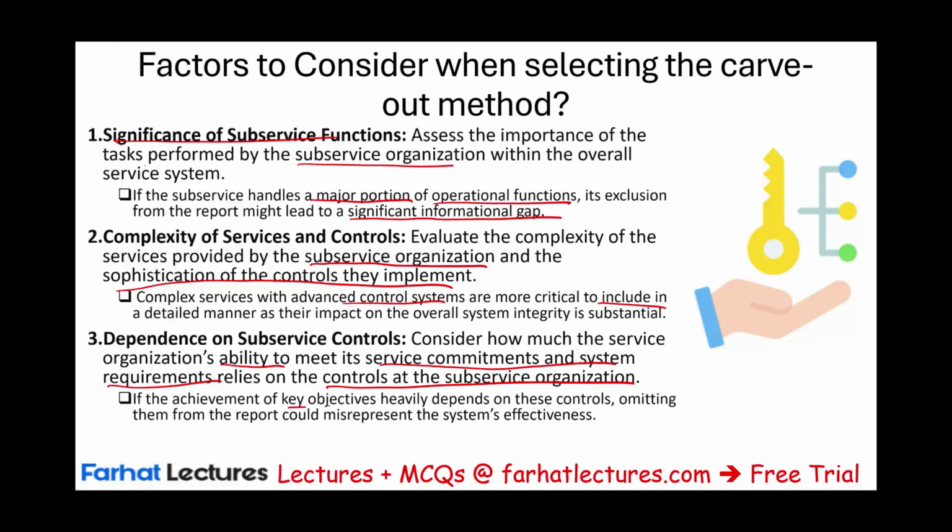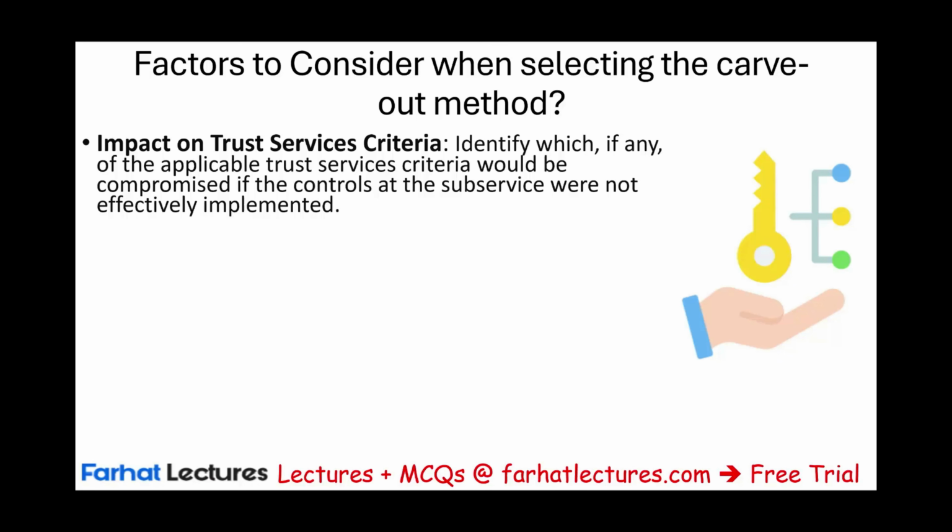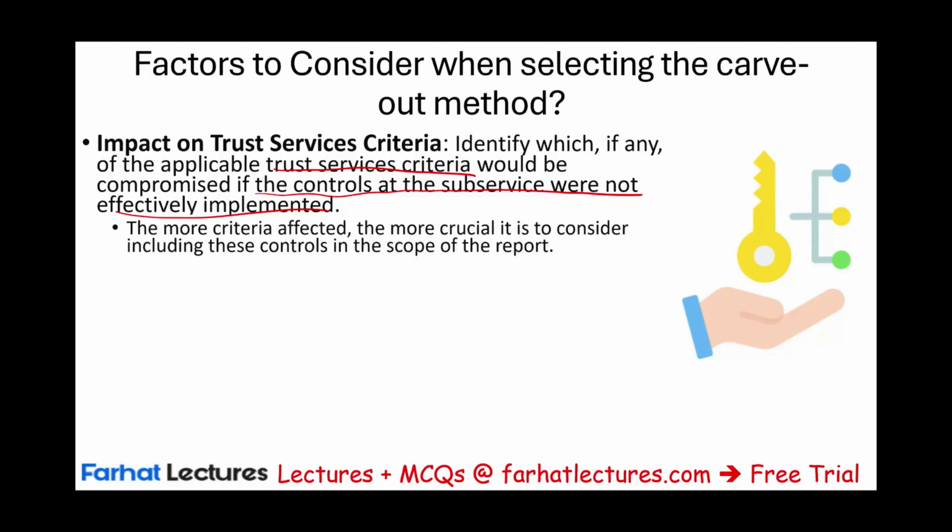If the achievement of key objectives heavily depends on these controls, omitting them from the report could misrepresent the system's effectiveness. Another factor is the impact on trust services criteria. This is when it comes to a SOC 2 engagement. Identify which, if any, of the applicable trust criteria would be compromised if the controls at the subservice were not effectively implemented. Well, the more criteria affected, the more crucial it is to consider including these controls in the scope.